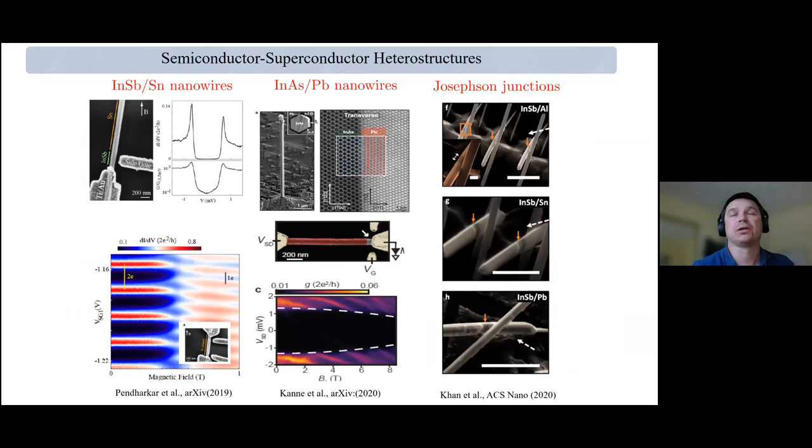So these alternate superconductors have very interesting features, a much larger induced gap of the order of meV. And also what's nice is that they show 2e periodicity at zero magnetic field, which is very important for quantum computation, because that tells us that we don't have quasi-particle poisoning in these devices.